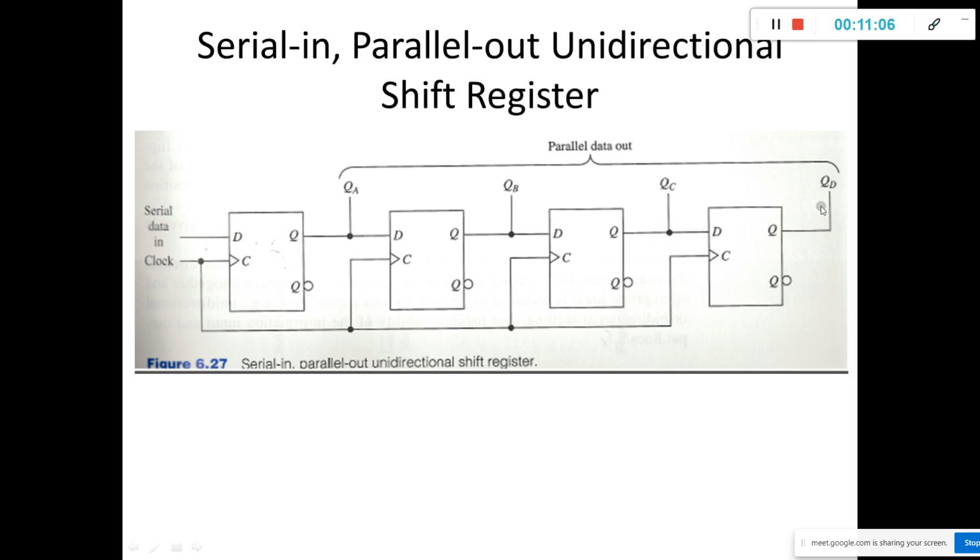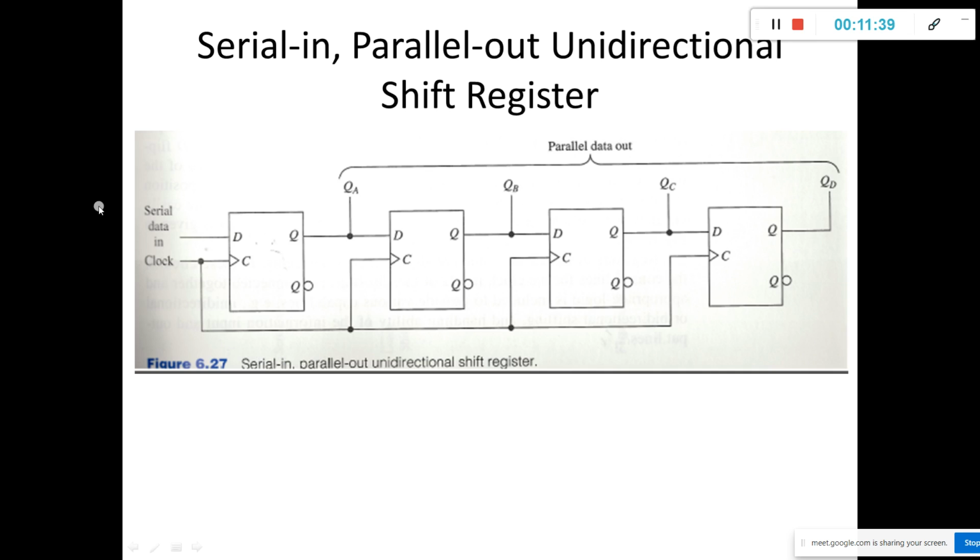We can take as many outputs as there are lines. Upon the positive edge of the clock, the data in comes to the output of the first flip-flop. Whatever the earlier output was moves to the next, and the content of the third flip-flop is transferred onward upon the positive edge of the clock.